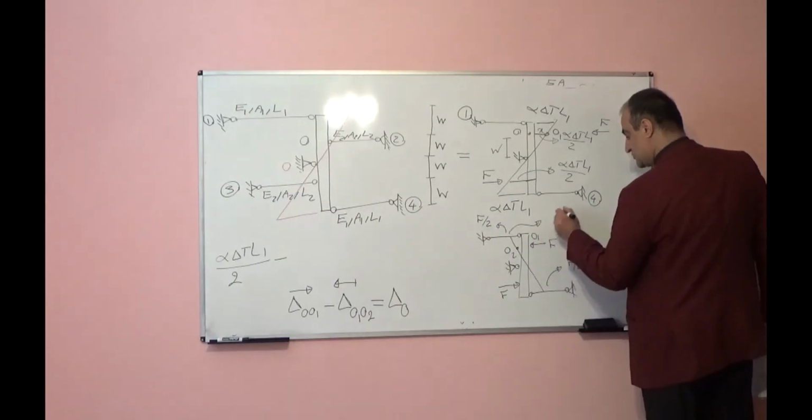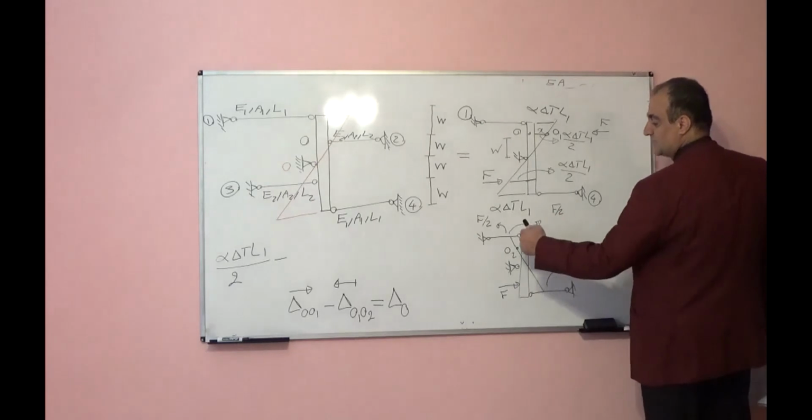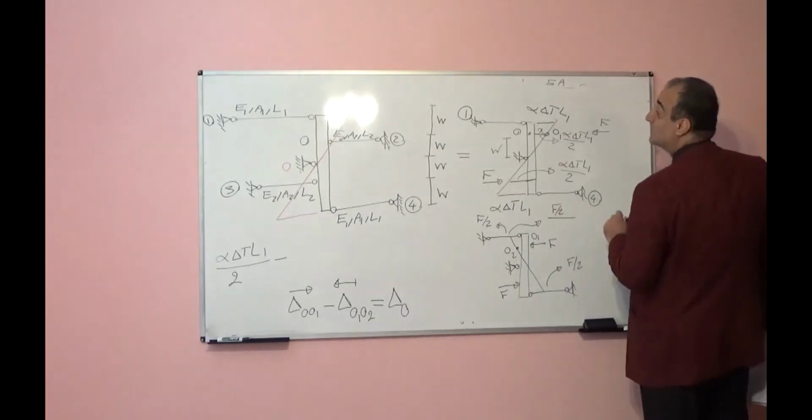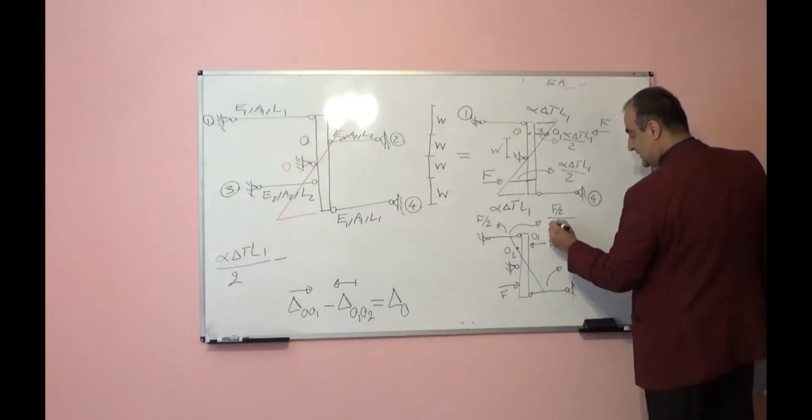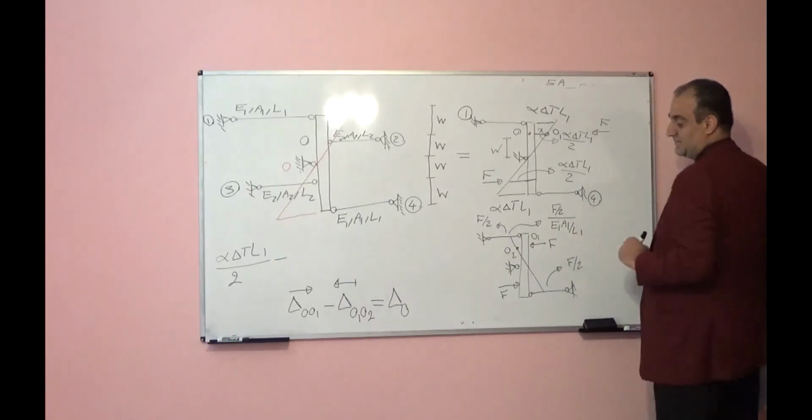If F over 2 is applied in this rod, the deformation will be internal force divided by the stiffness of this member, which is E1 A1 divided by L1.